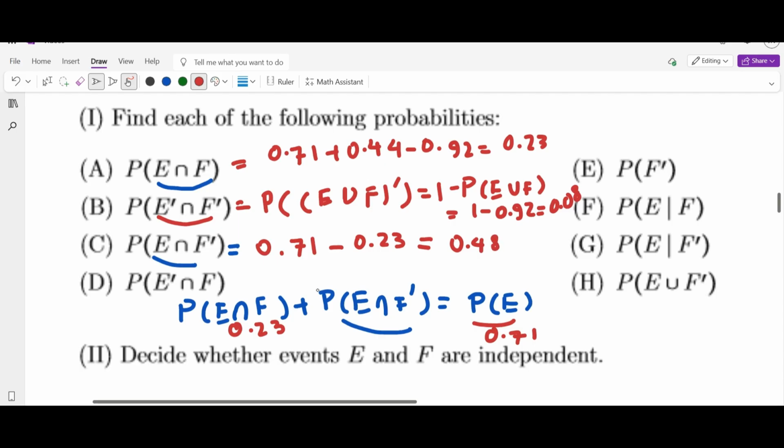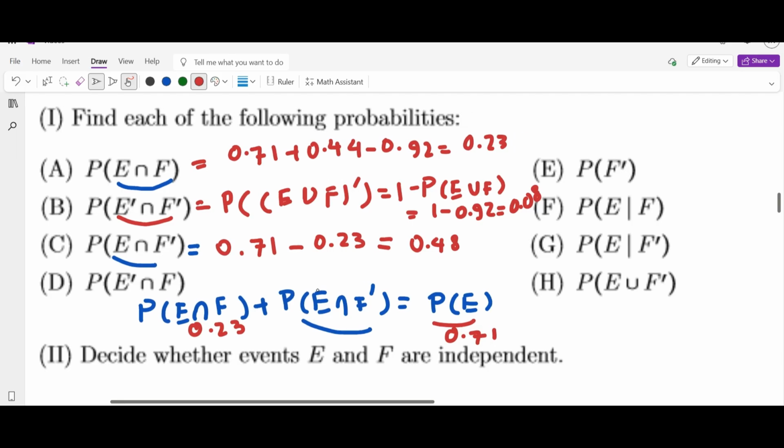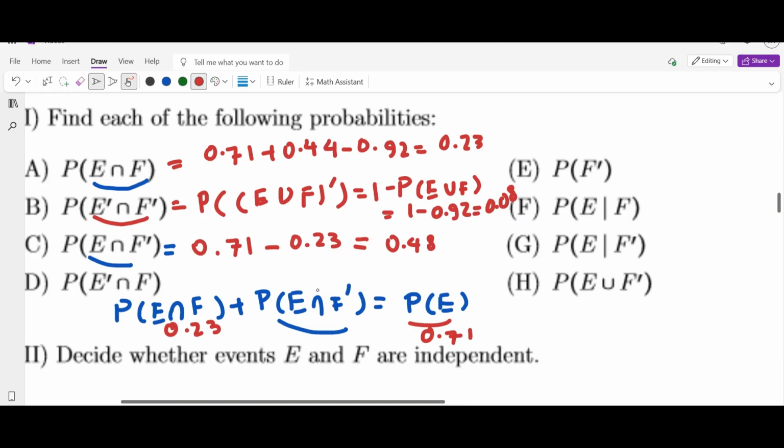Now, if I want to find one of the conditional probabilities, I have all these probabilities over here that I can use to find a conditional probability.